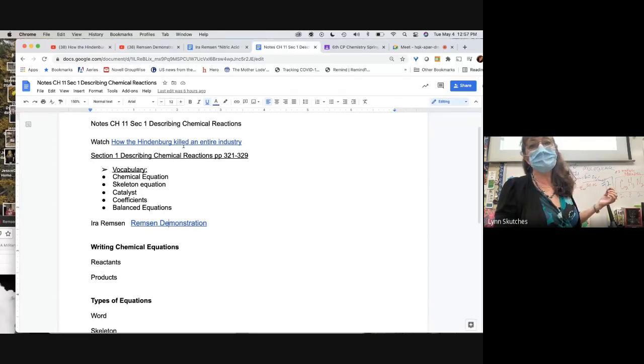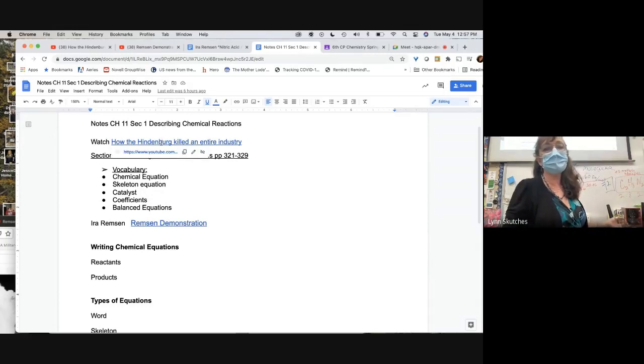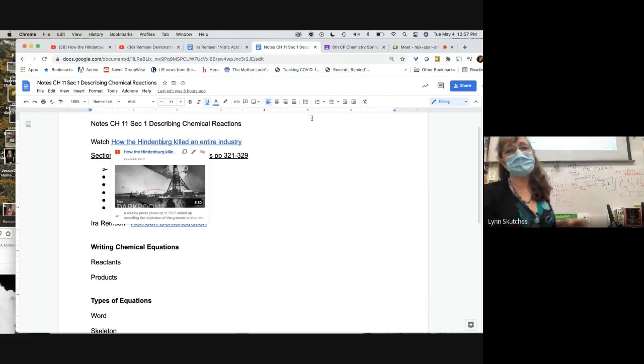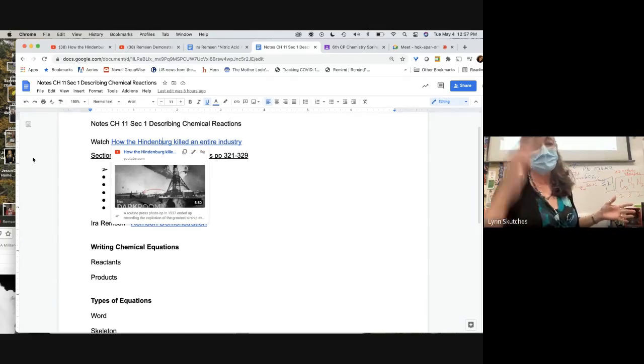The next thing we're going to do is start talking about chemical reactions. So we're going to start doing some real chemistry finally. The first thing I want to start with, because this is the picture at the start of chapter 11, is about the Hindenburg. So who knows about the Hindenburg?